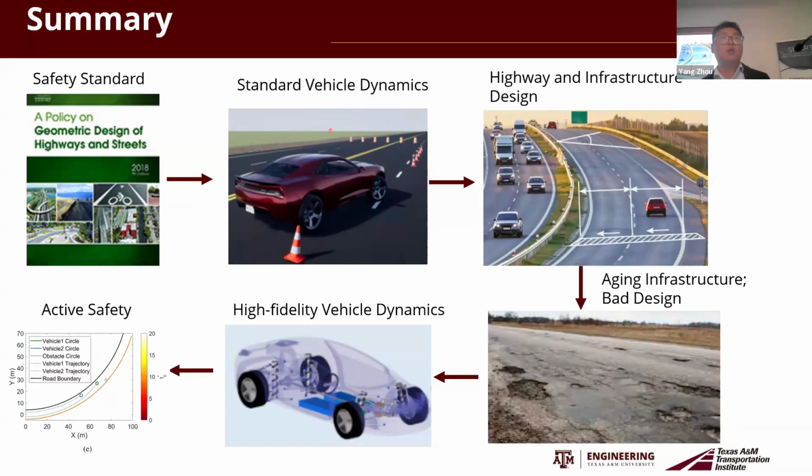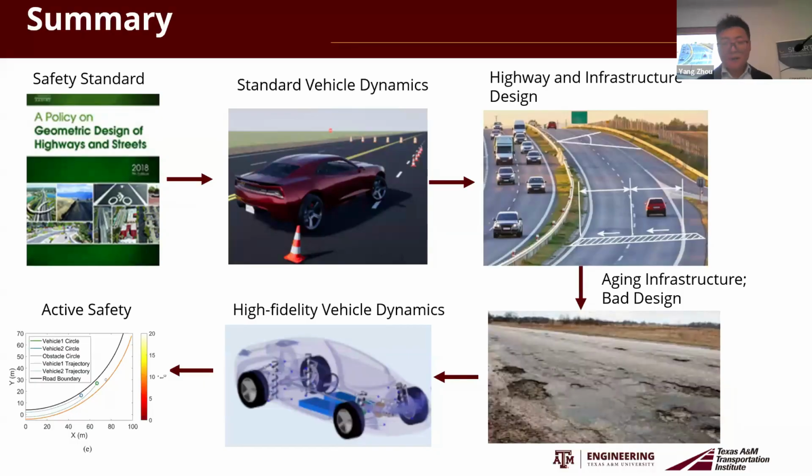But for our tool, we actually do the inverse process, because we know that there could be aging infrastructure, there could be bad designs. First, we use our sensors to monitor the traffic background, and then we input very high fidelity vehicle dynamics to conduct the active safety analysis.